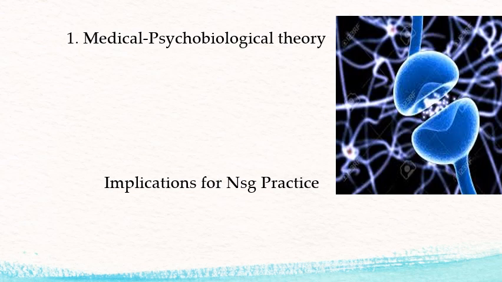And this theory would say that abnormal behavior can be attributable to a disease process, such as a head trauma, neurotransmitter abnormalities or malfunctions, genetic issues, or being exposed to certain toxins. So in a nutshell, everything can be attributable to a disease process, and they look at psychiatric issues as a disease process.